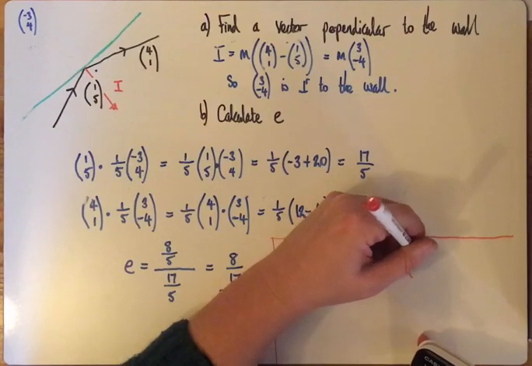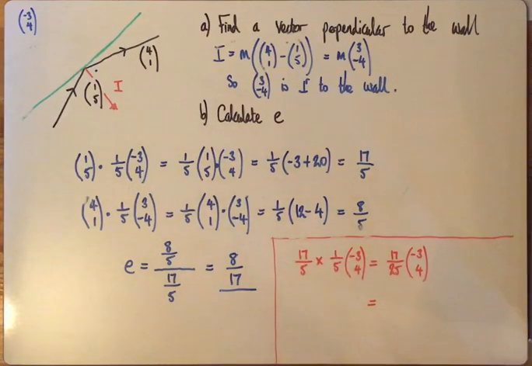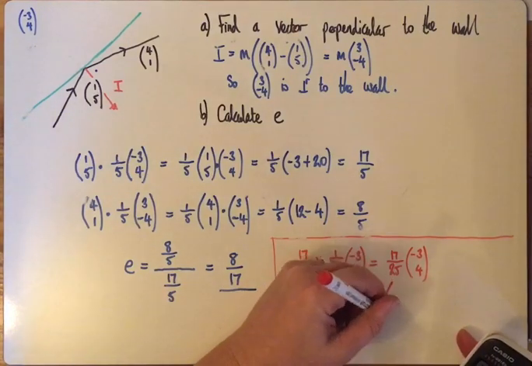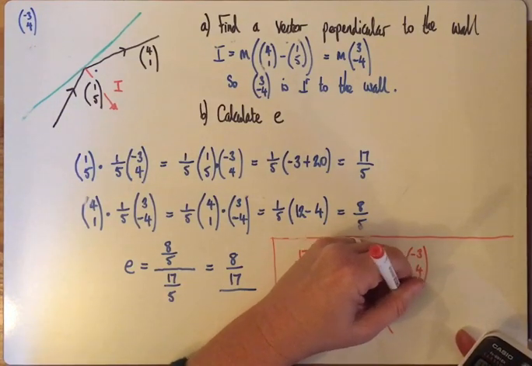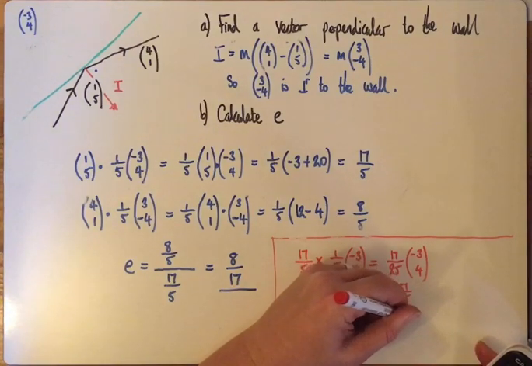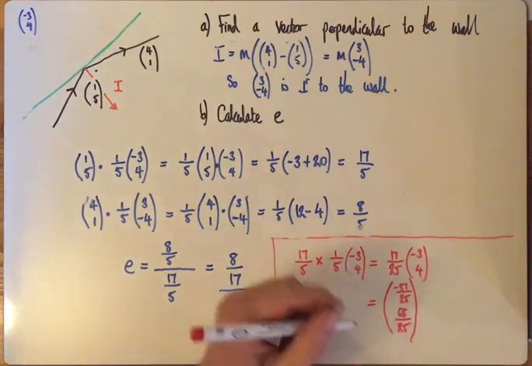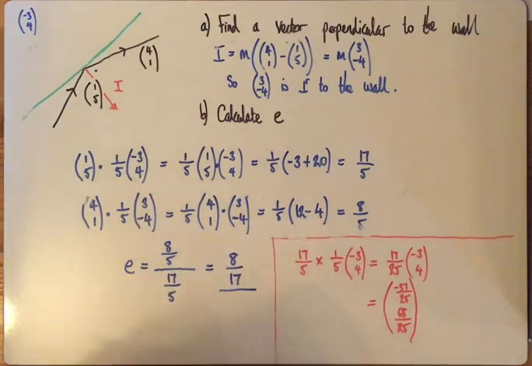And I guess you could just leave it like that, or you could combine it into one. So 17 times 3. And 17 times 4. So that's a vector of magnitude 17/5 travelling in the opposite direction to the impulse.